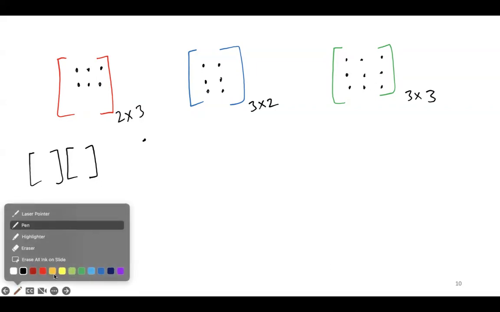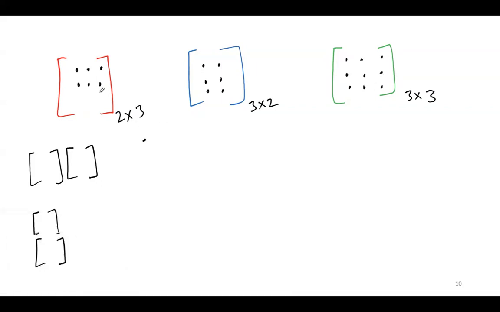Now, this one is going to be like this, and this one is going to be like this. You can't place matrices like this. You cannot have empty elements somewhere, right? So you're going to have empty places here, so that you can't do. So red and blue cannot be placed side by side.